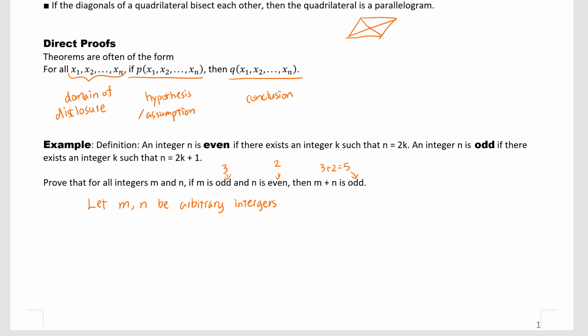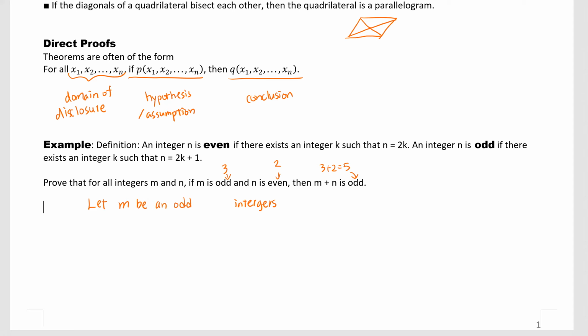And also we need to assume that m is odd and n is even. So let's separate them. Let m be an odd integer.